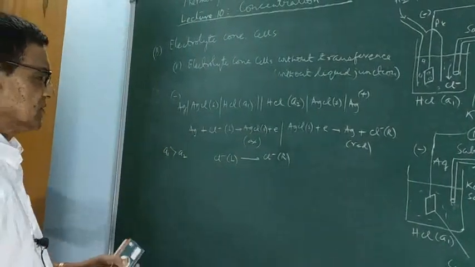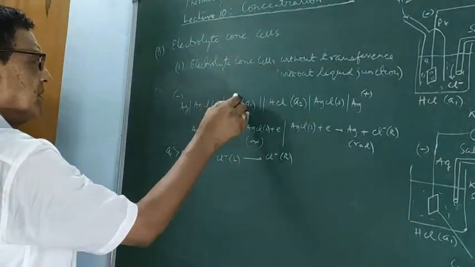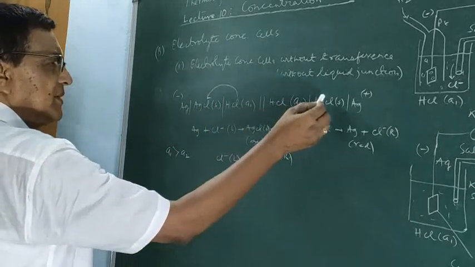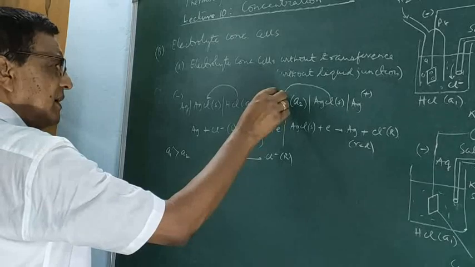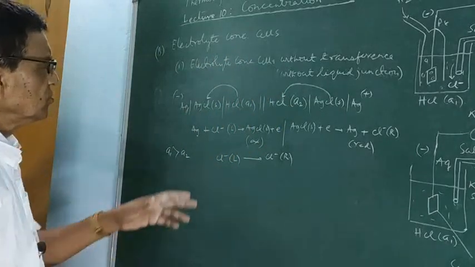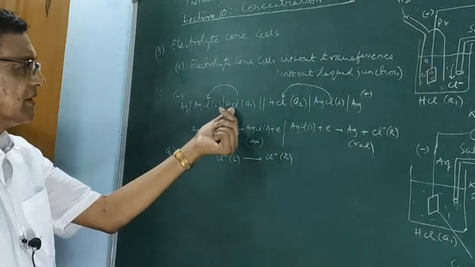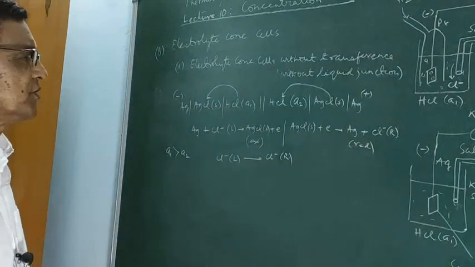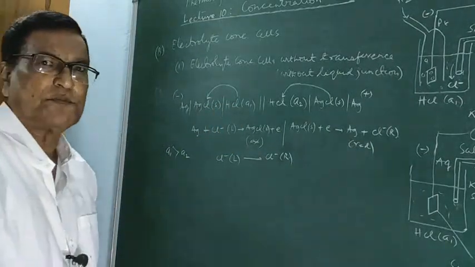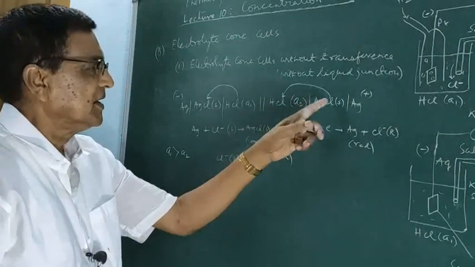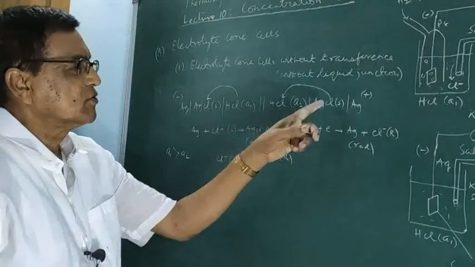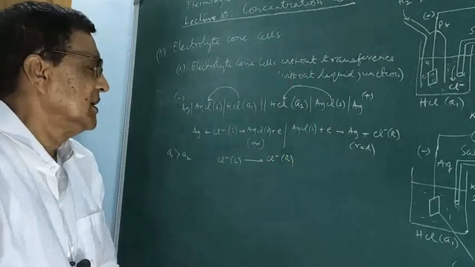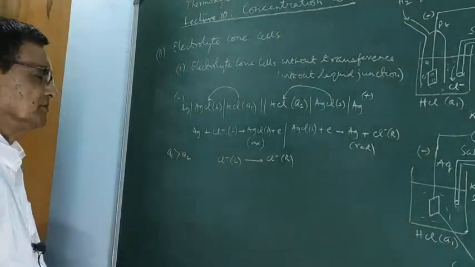I can remember this fact: the chloride ion is removed from the higher concentration side for this spontaneous process, to equalize the concentrations. Here the hydrochloric acid is less, so silver chloride gives chloride ion to this half cell.